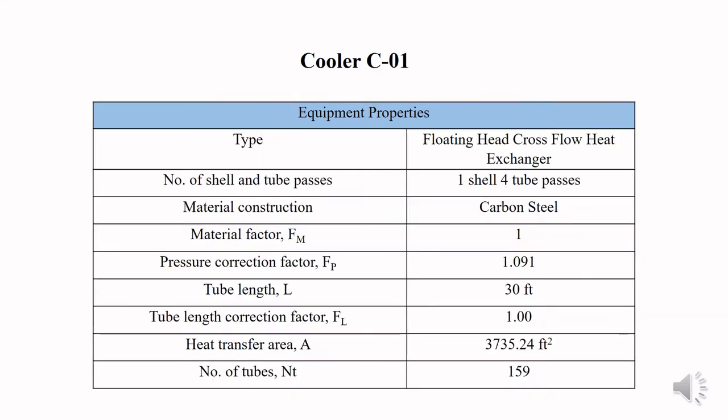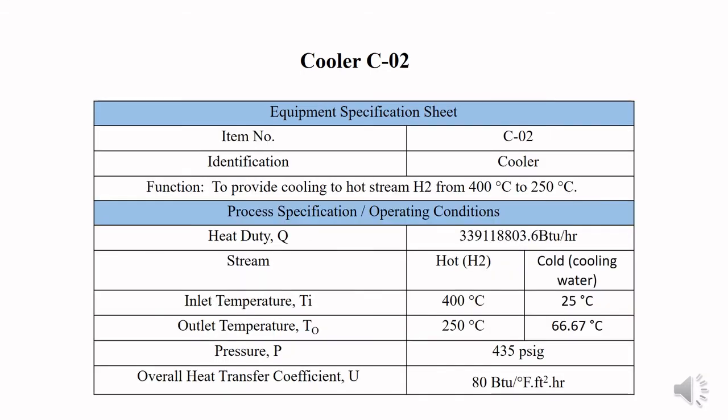The equipment properties for cooler C01. The type is floating head cross-flow heat exchanger, and the material of construction is also carbon steel. For cooler C02, the function is to provide cooling to hot stream H2 from 400 degrees C to 250 degrees C, and the process specifications are mentioned in this slide.